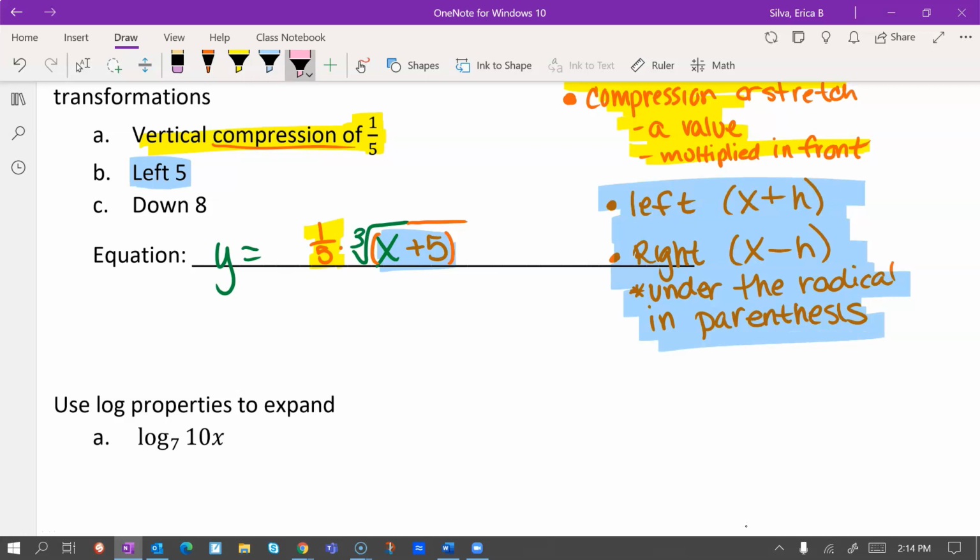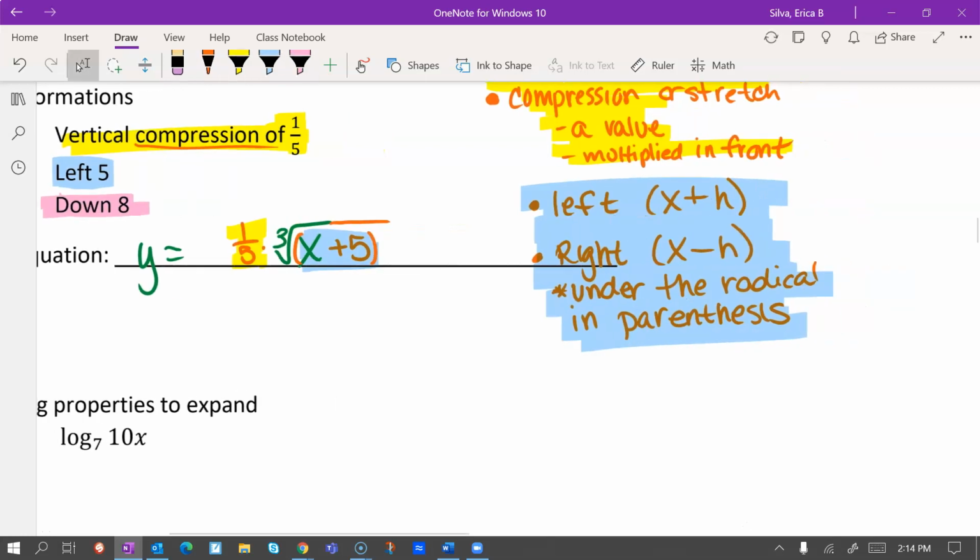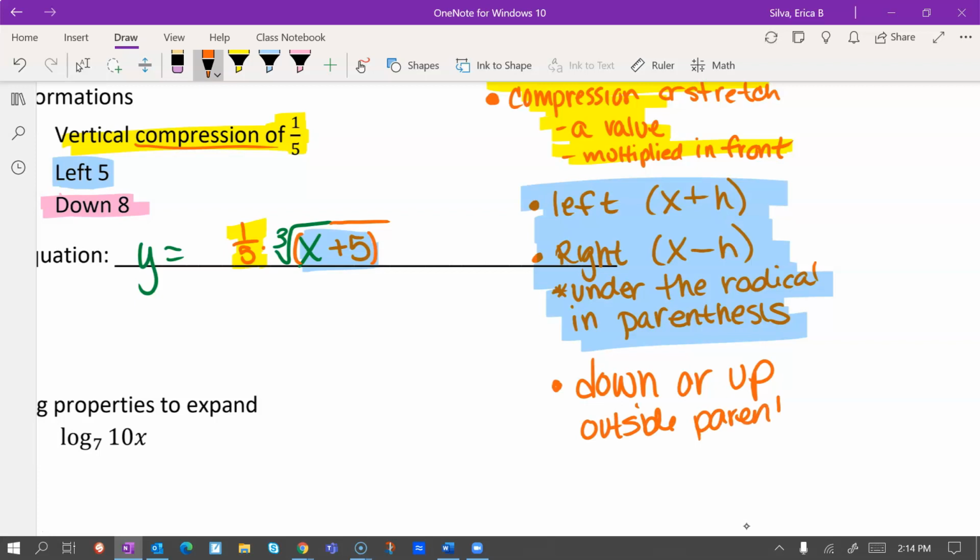And then finally, we have down 8. So if it goes down or up, it is outside the parentheses. If it's down, we're going to subtract, and up, we're going to add.